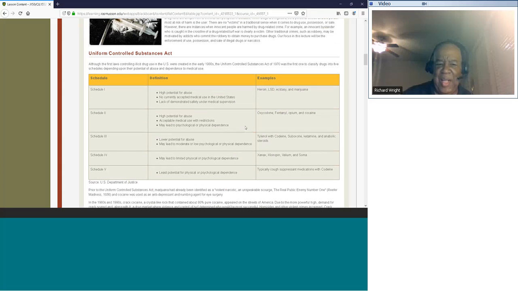And then Schedule 3, you'll notice this is lower. So you're dealing with people using actual over-the-counter drugs like Tylenol with codeine, Suboxone, ketamine, anabolic steroids. They're putting these things in their bodies and mixing them with other types of drugs.